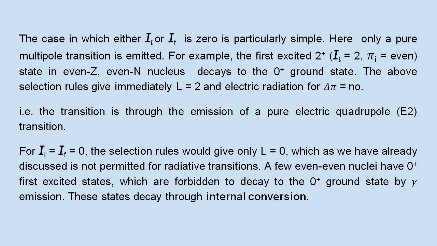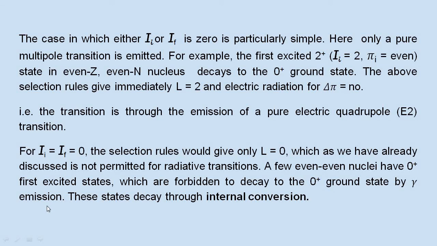But for some nuclei, the excited state also has 0 spin. So you have a 0 plus spin to 0 plus spin state. That means L is equal to 0, because I_i minus I_f must be equal to 0 here. So that transition is forbidden. So 0 plus first excited states are forbidden to decay to the 0 plus ground state by gamma emission.